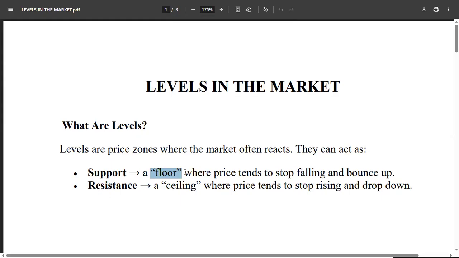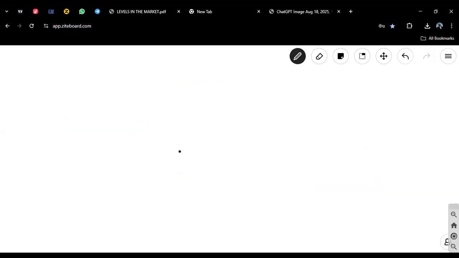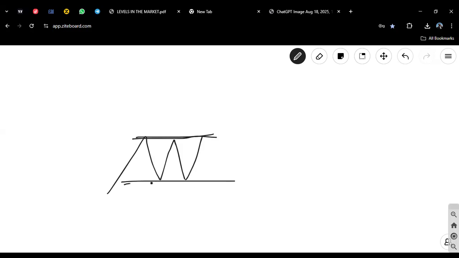And the resistance level is more like a ceiling above the market. So it looks similar to this when we are drawing levels. If this is the market, above here is what we call resistance, and below here is what we call support.